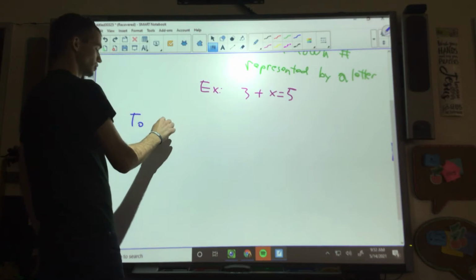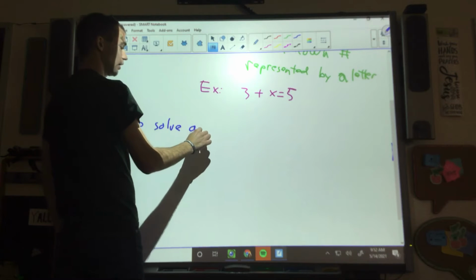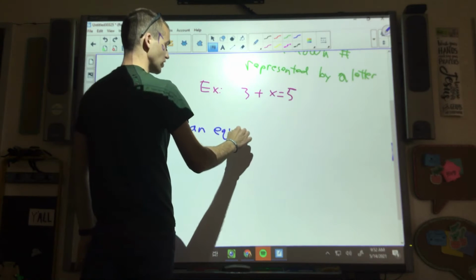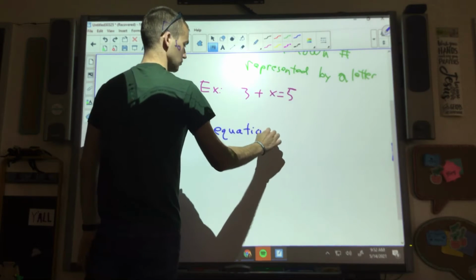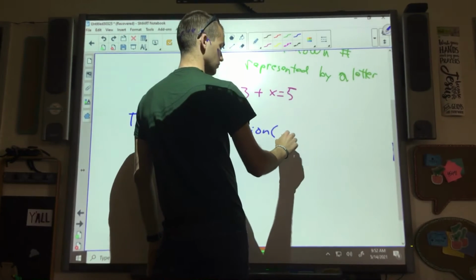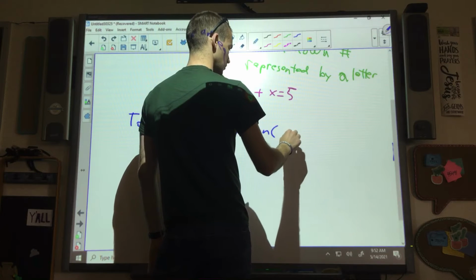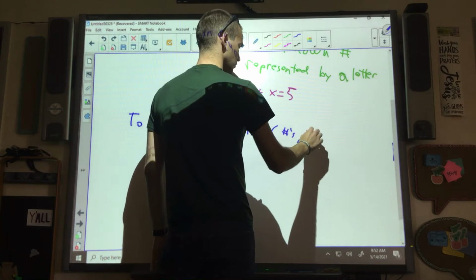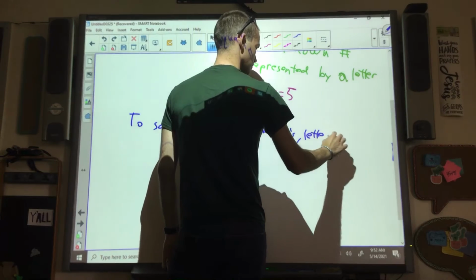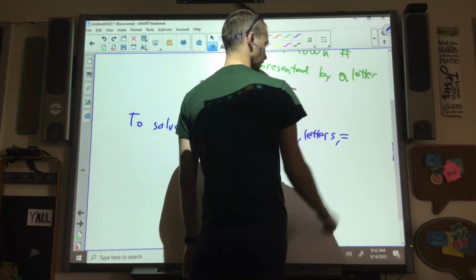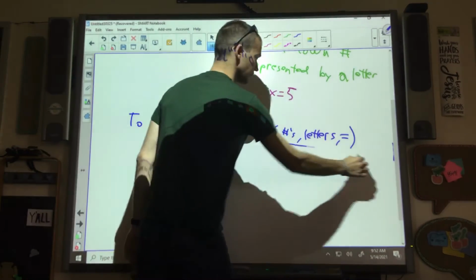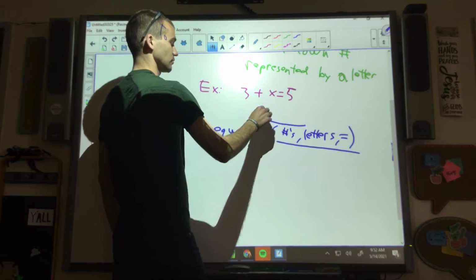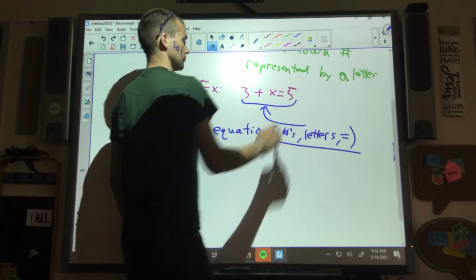To solve an equation, which means numbers, letters, equal sign. So right here, all of those things are present.